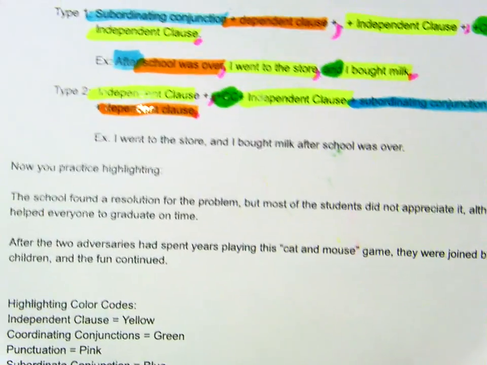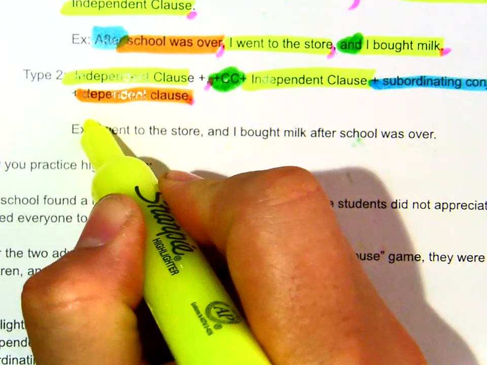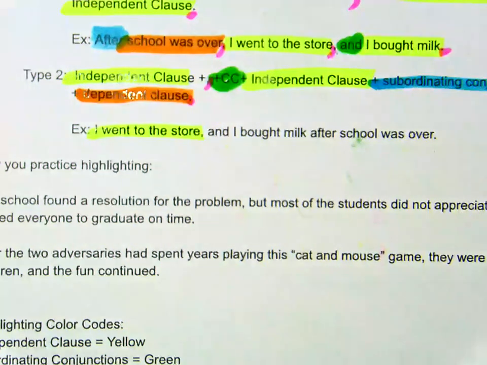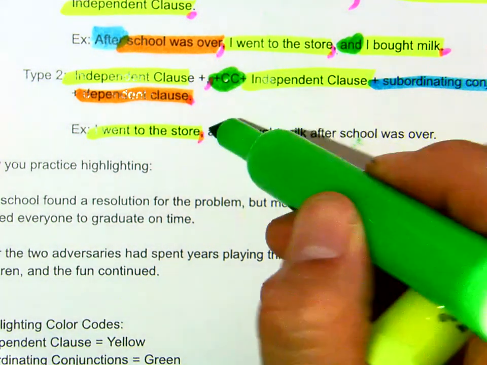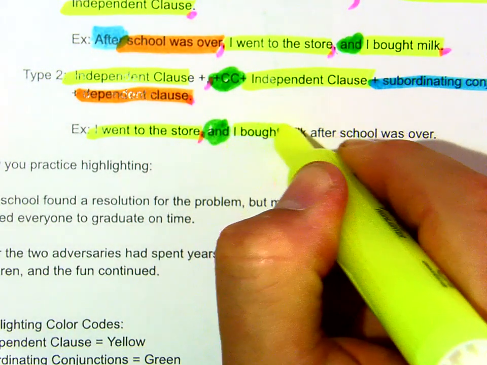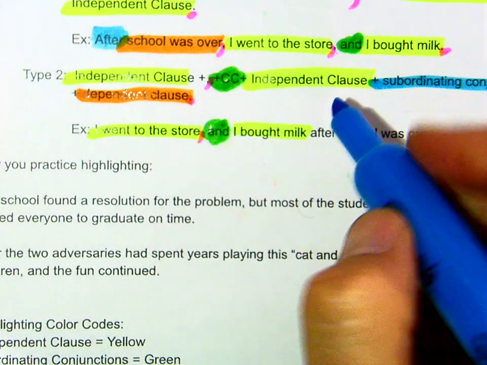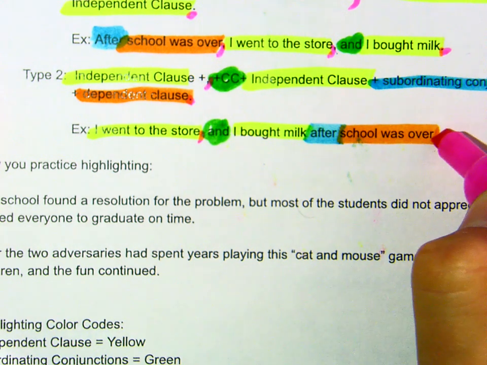So taking a look at how it would look here, you would say, I went to the store, comma, and I bought milk after school was over, and then the period.